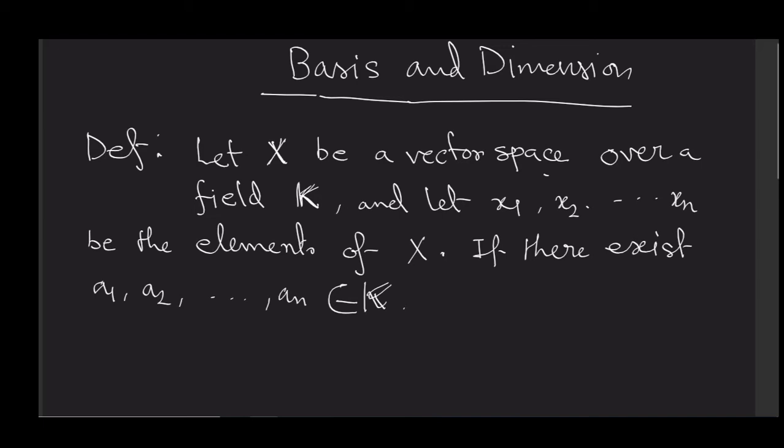Why do they need to belong to field K? Because we want to exploit the property of scalar multiplication of the vector space here. However, if there exist constants, not all of them equal to 0, a few of them may be equal to 0, but all of them are not equal to 0, such that this is a very important equation.